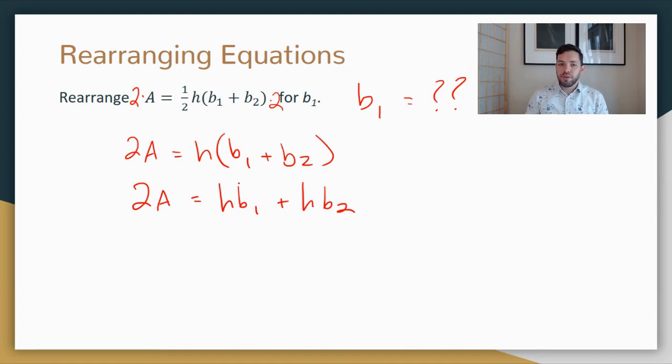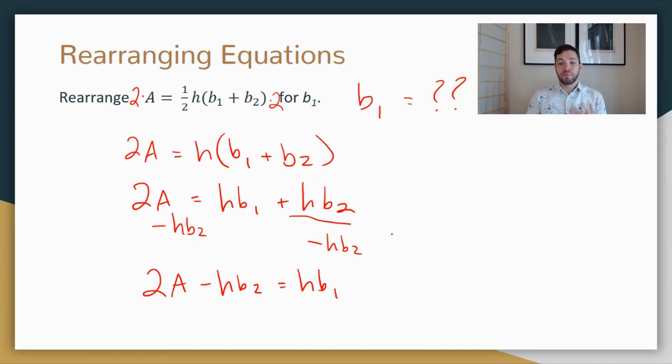So we look at what's being done to B1. It's being added to this other term. So what we can do is subtract that, bring it over to the other side of the equation, and we get 2A minus HB2 equals HB1.